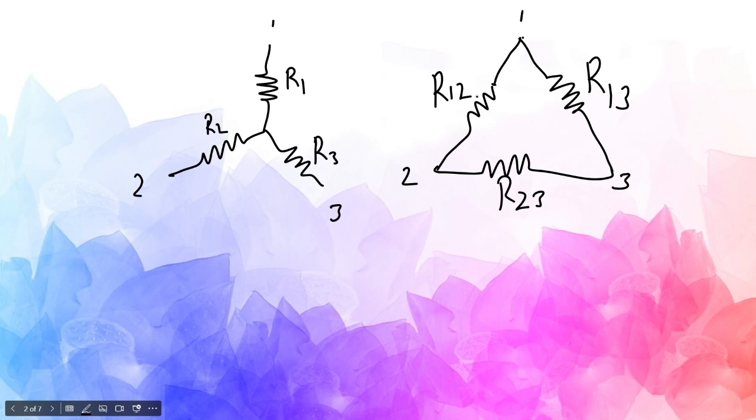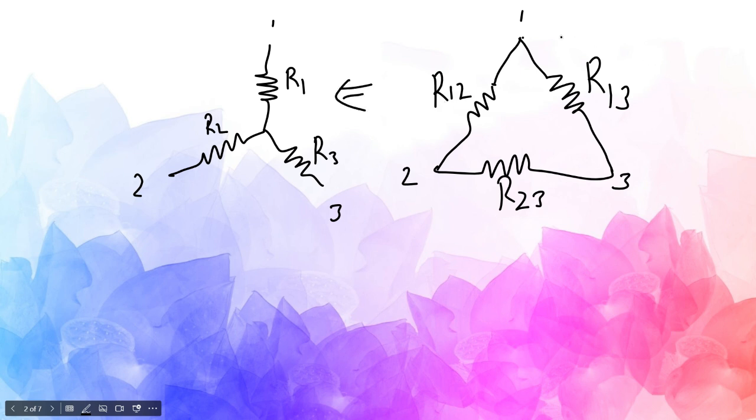Now, how to find the equivalent resistance? The concept is that we'll find out the equivalent resistance between 1 and 3, for example. So when I look for the equivalent resistance between 1 and 3, we'll look into it from this angle.